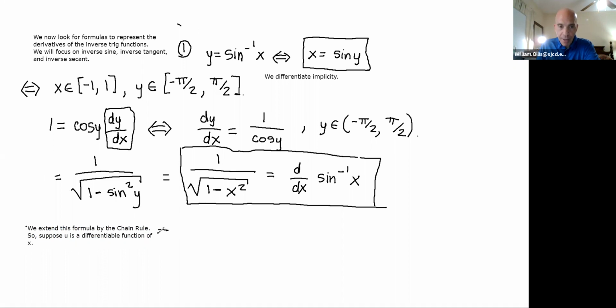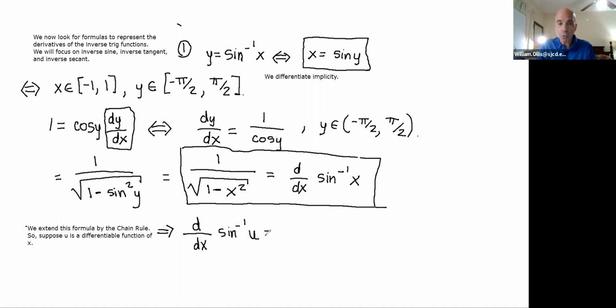So this implies that now if we take, and of course with every derivative formula, we get a nice integral formula. If we have the x derivative of the inverse sine of u, and of course u is a differentiable function of x, like maybe 3x or the square root of x squared plus 1, some differentiable function of x.